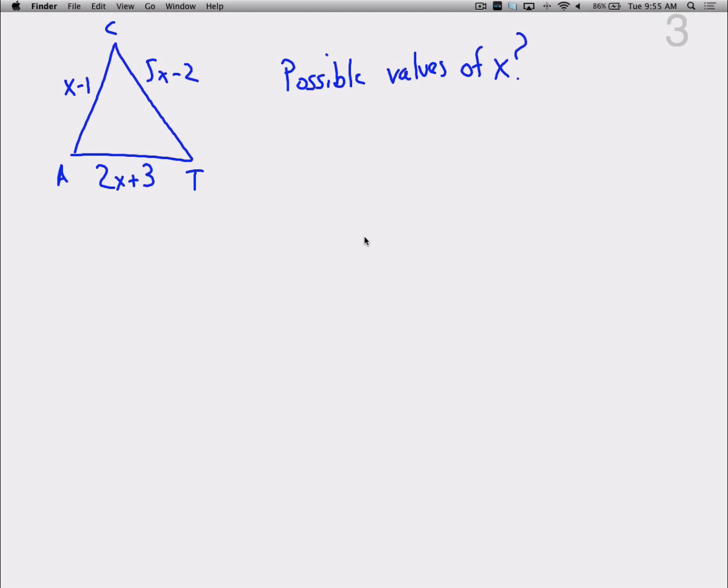Are you raising your hand, or are you just waving your pen around? Give me one example. X minus 1 is less than 2x plus 3, which is less than 5x minus 2. Nope. Why not? Because I said so. What does the triangle inequality say? Oh, my bad.